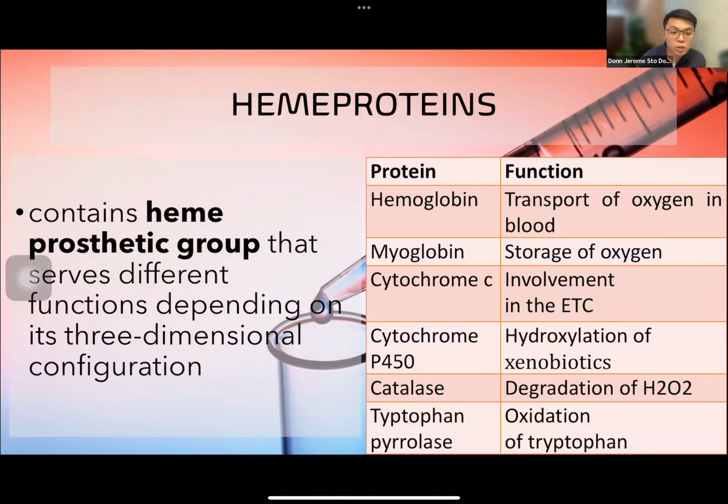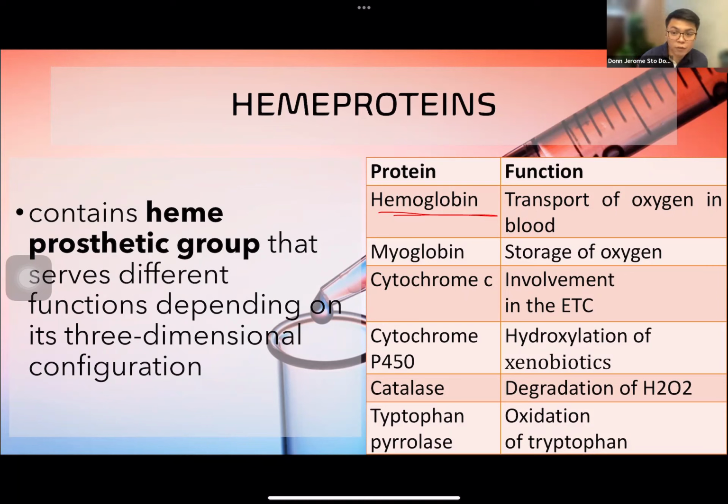Sorry. So for heme proteins, the 3-dimensional structure of the protein where your heme is attached will dictate the function of that heme protein. For example, your hemoglobin. By now, for sure, you're familiar with the hemoglobin molecule. It's made up of 4 subunits of globin chains, right?